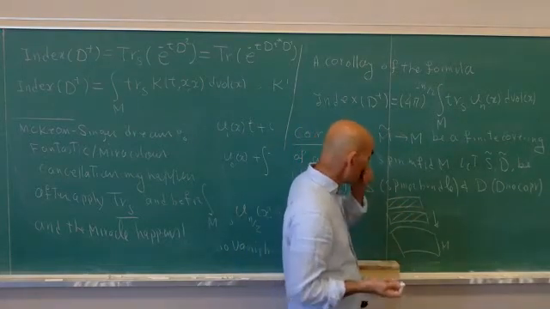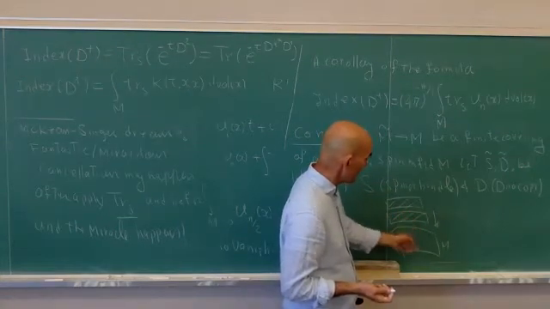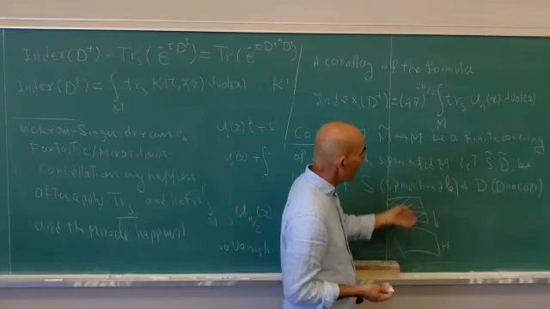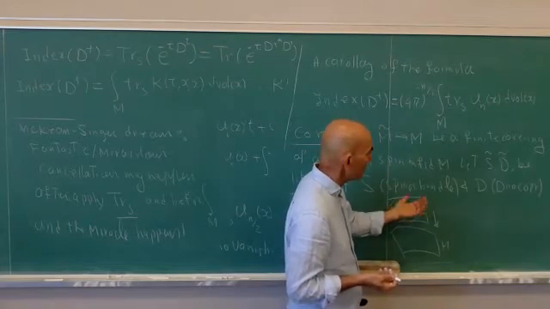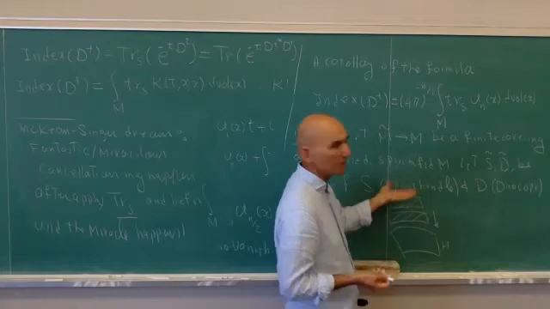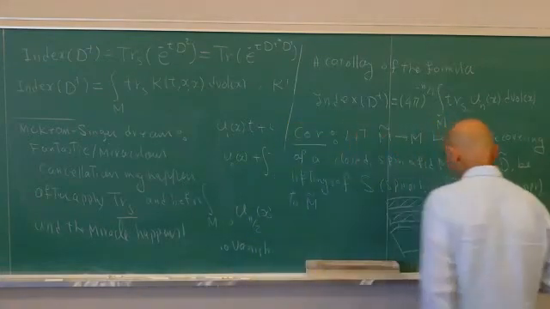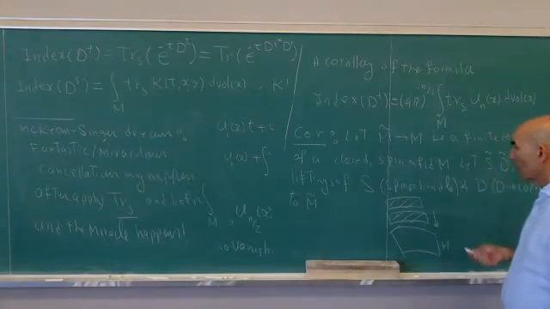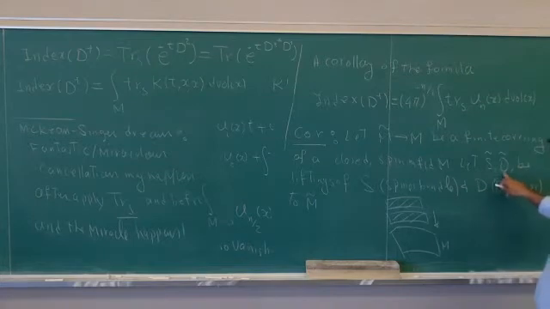So we use this local diffeomorphism to lift the Riemannian metric, the spin bundle, and the Dirac operator to M tilde. This is called lifting under the covering. Now the question is, what is the relation between the index of D tilde and the index of D?